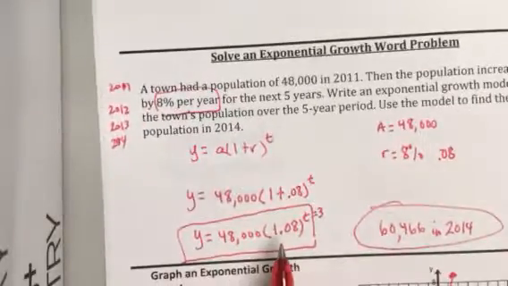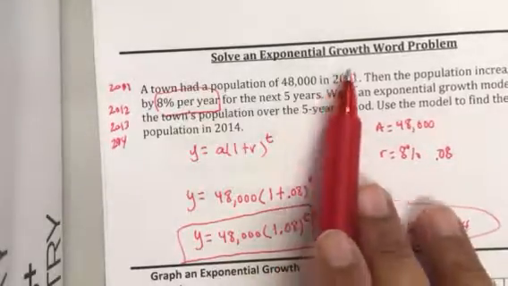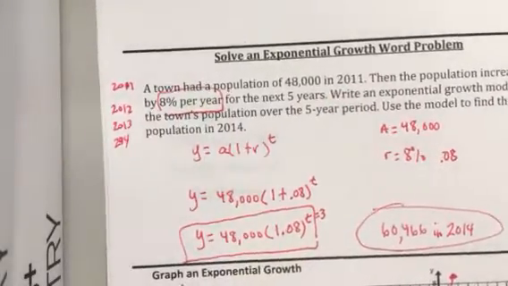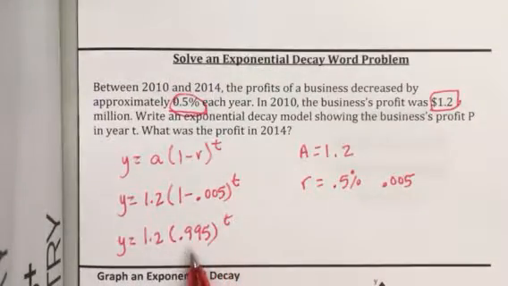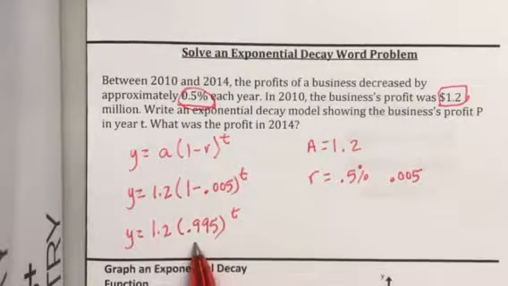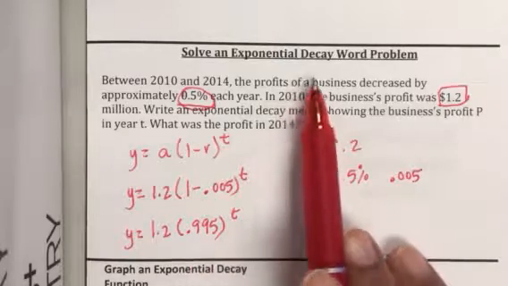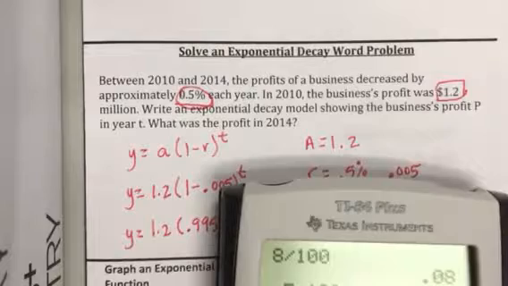Your growth will be greater than 1, so a number greater than 1 is how I know it's a growth. Your decay is less than 1. That's when you know it's a decay. So at this point, we know we're okay because this is a number less than 1, and we're talking about decay. All right, so let's put this in the calculator.